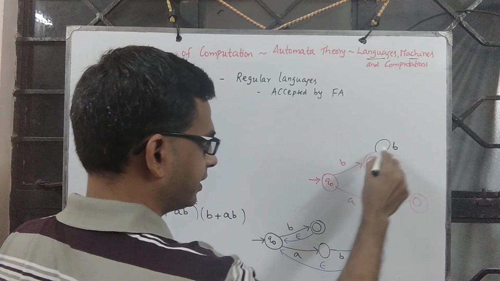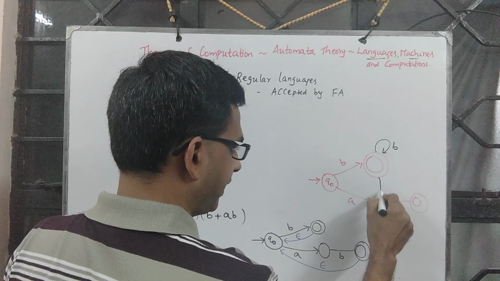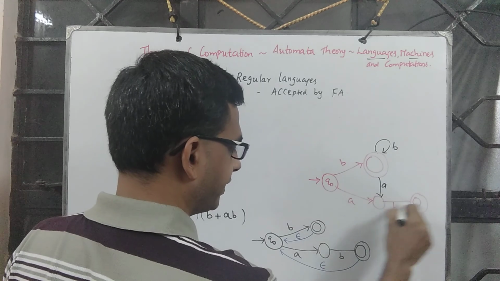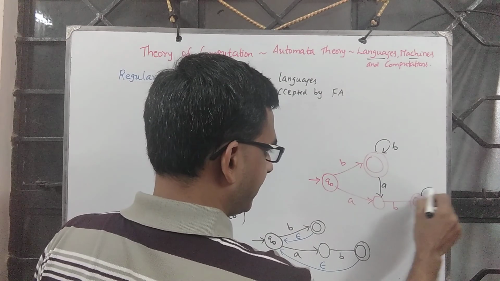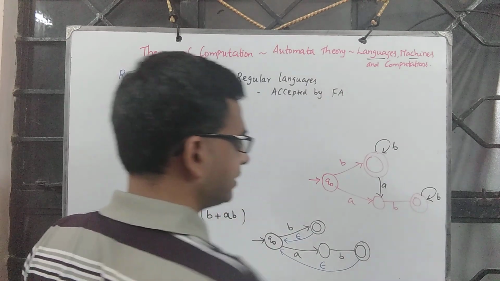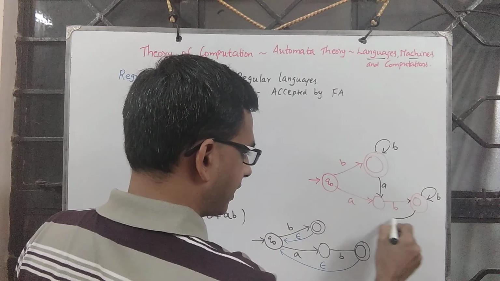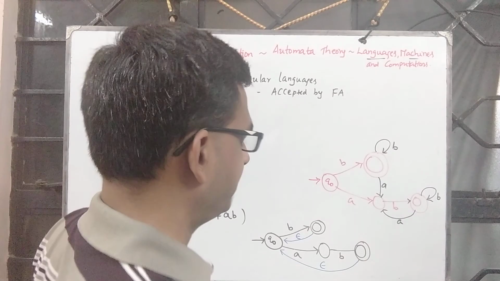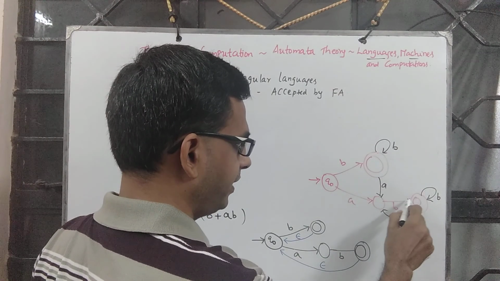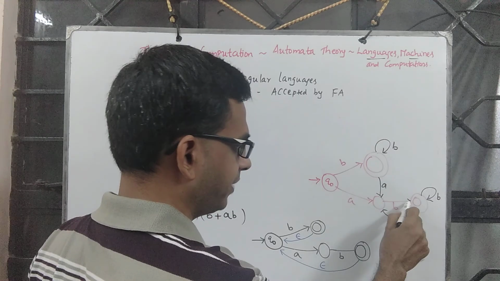We still ensure it is ending with B, but the moment we read A, we are forced to read a B. Then after reading this B, we can read any number of B's, and the moment we read A, we come back and read a B, which means after seeing this AB, one can read a couple of B's, then read another AB.